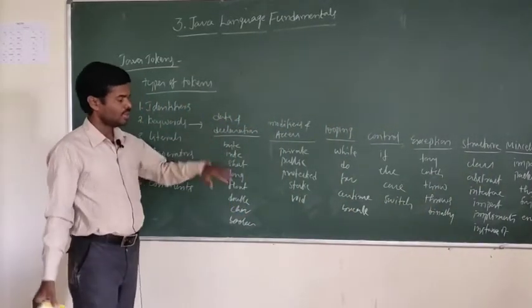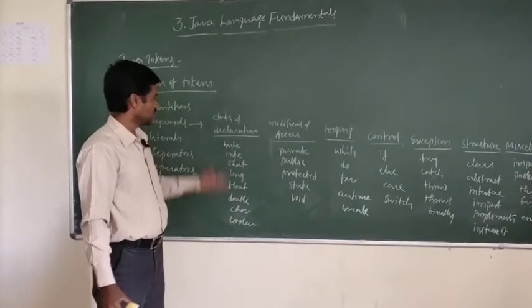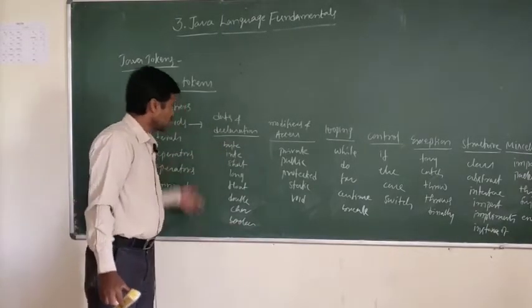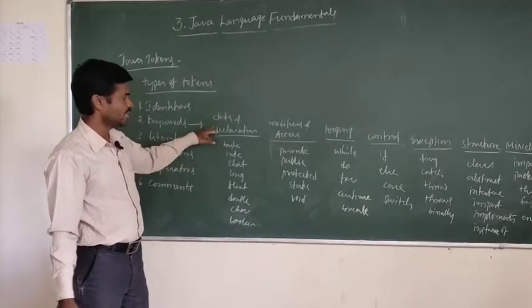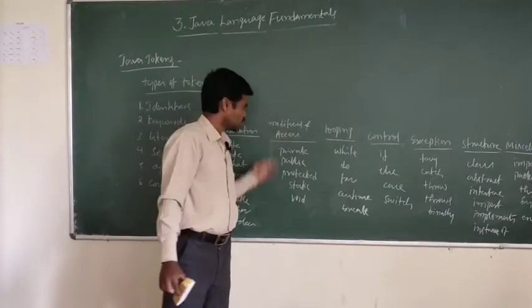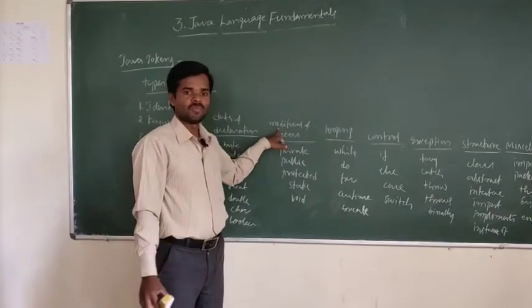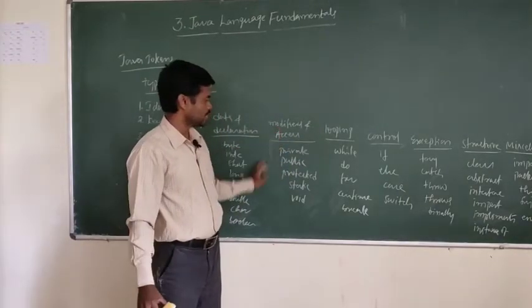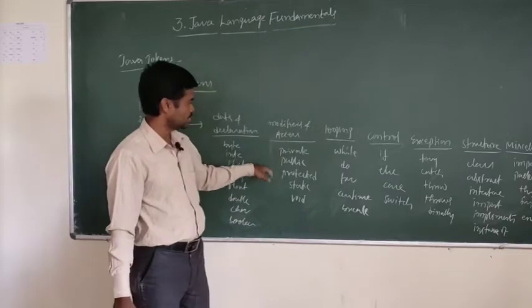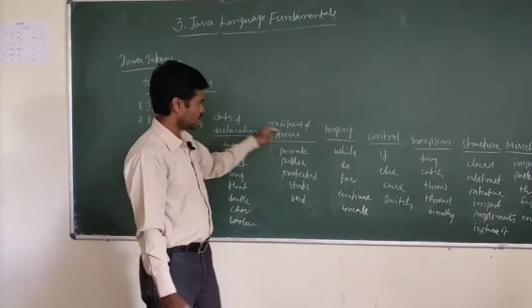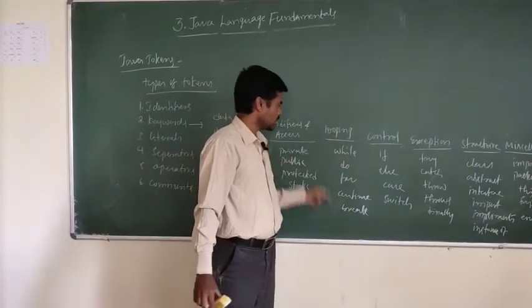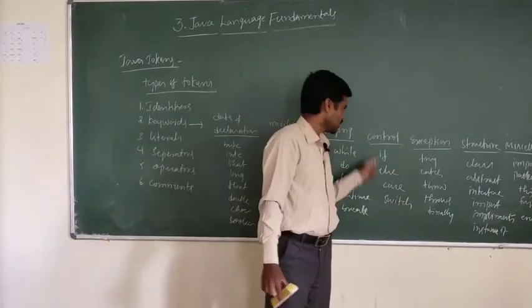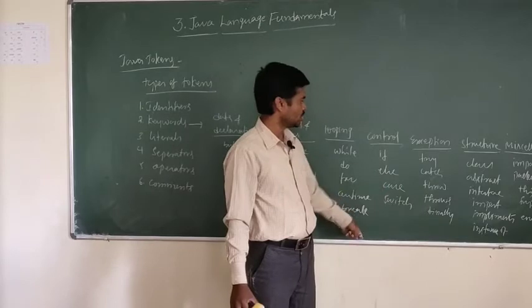These keywords are classified based on functionality. These keywords we use in the declaration part, for defining the data types, and these we use for access modifiers and access specifiers. Whenever you write looping structures, control structures, or exception handling, these are the keywords you use.